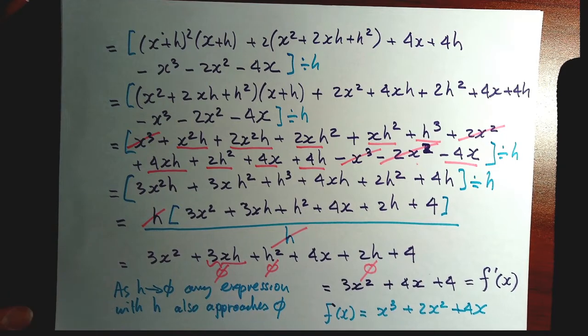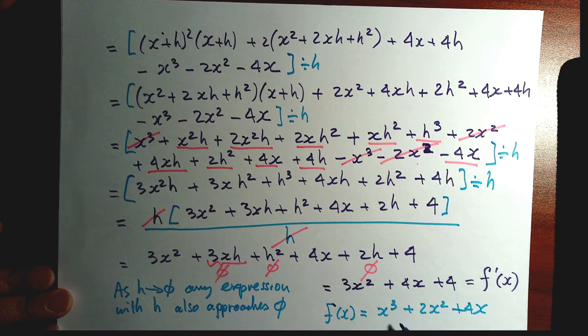For those of you who don't know calculus, we will find out in later lessons that we can easily find the derivative of a polynomial like this by multiplying. Example x cubed, you multiply it in front by 3 and then you subtract 1 power, so the derivative of x cubed would be 3x squared, and same thing, you multiply 2x squared by 2 and then subtract 1 power, so it becomes 4x.